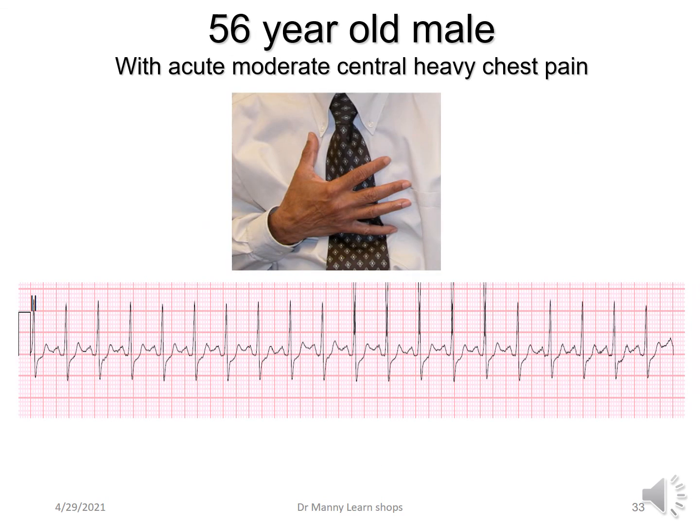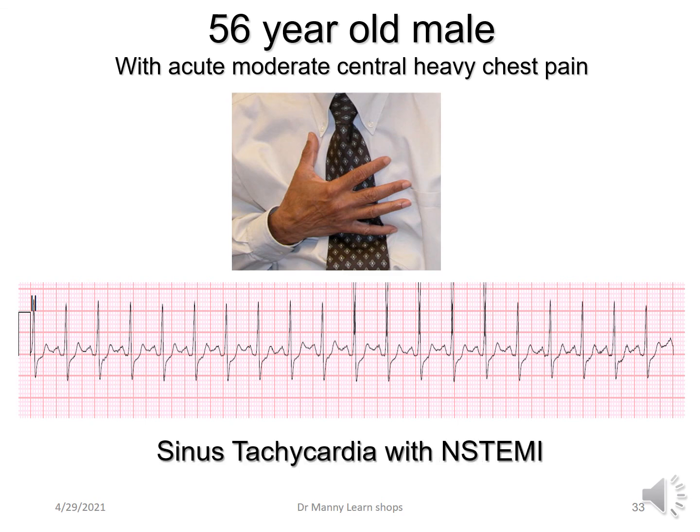Then you've got a 56-year-old male with acute moderate central heavy chest pain. He's demonstrating the Levine sign with his hand there on the centre of his chest, which indicates that he's got a cardiac problem. There's a sinus tachycardia with a non-ST segment elevation myocardial infarction, ST depression.